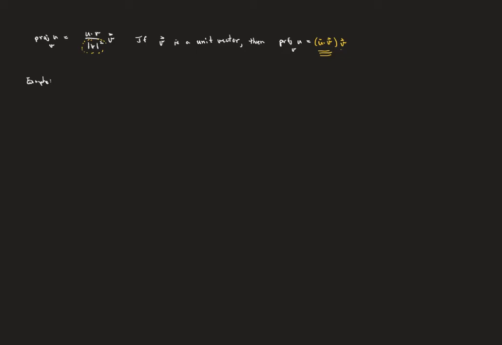So let's say find the vector projection of u, which is given by 6, 2, onto v, which is the vector 5, -5.